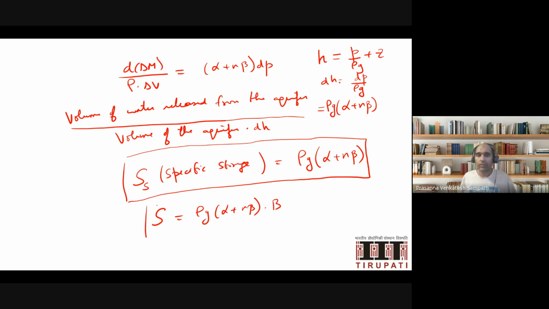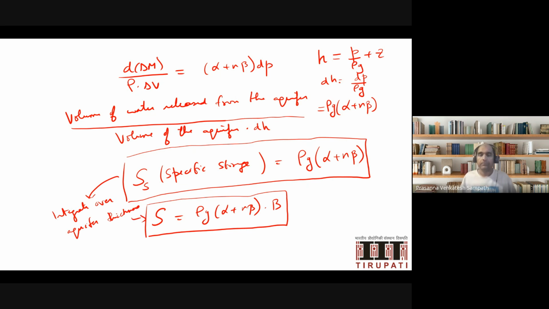So that would be the other parameter of interest. How do I obtain this? Simply integrate over the thickness of the aquifer. So how do you go from here to here? So integrate over aquifer thickness, you get this.